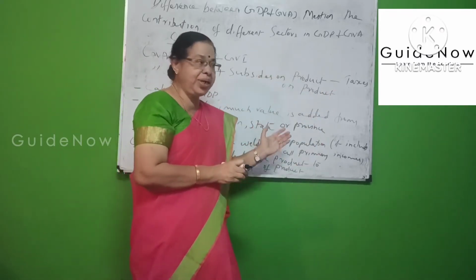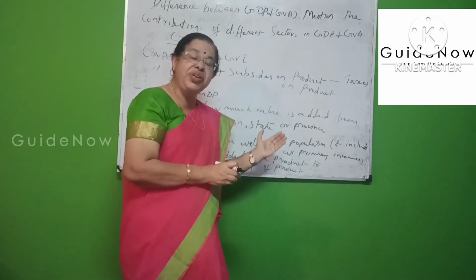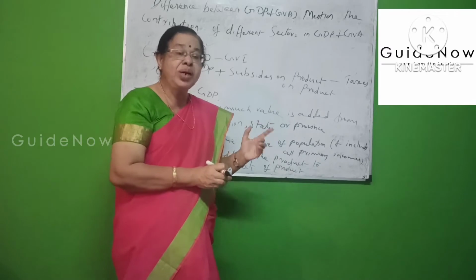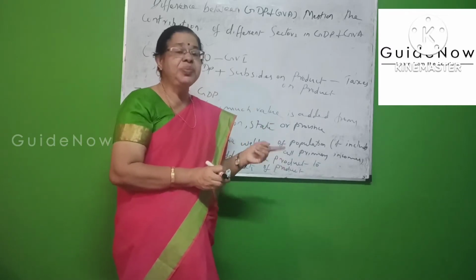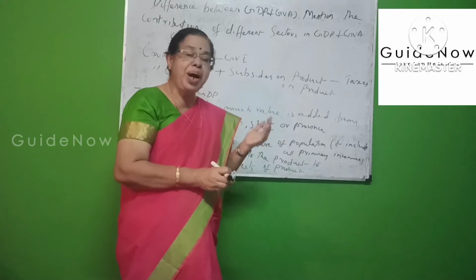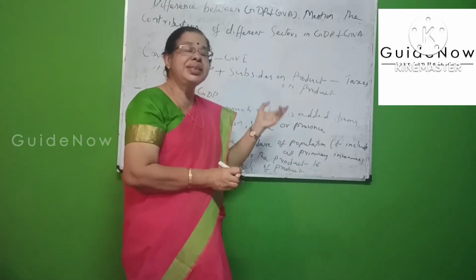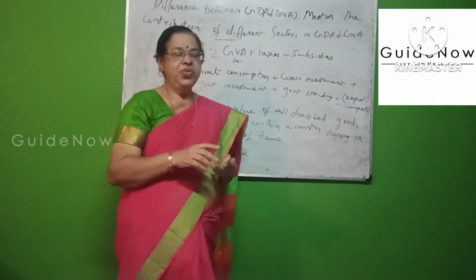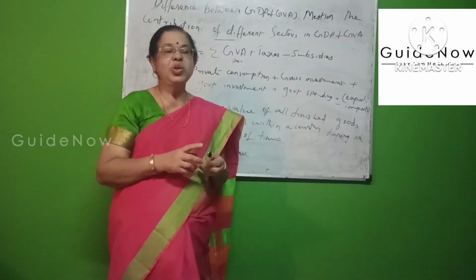These are the important meaning, definition and usage of gross value added. In short, GVA is equal to GDP plus subsidies on the product minus taxes on the product. So first we explained what is meant by gross value added.